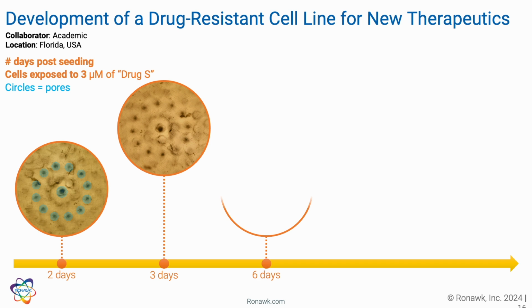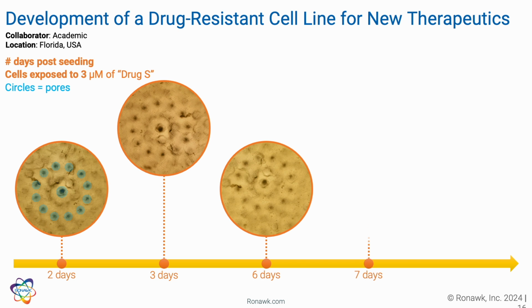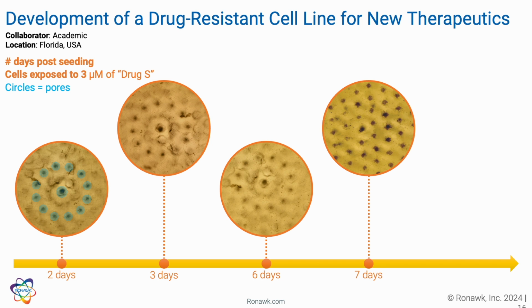And what we can see is by day 2, there's some shadowing of cells there, but definitely by day 6, the pores are even less visible, and by day 7, you can barely differentiate the center pore from your normal pores, because the cells are populating all that area, and it's difficult to differentiate.